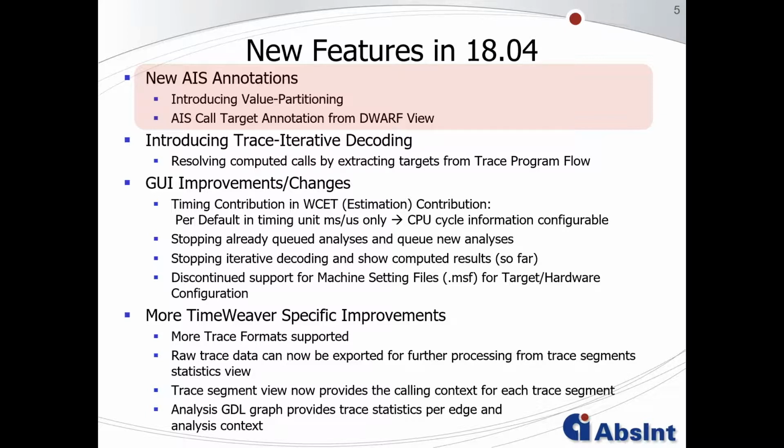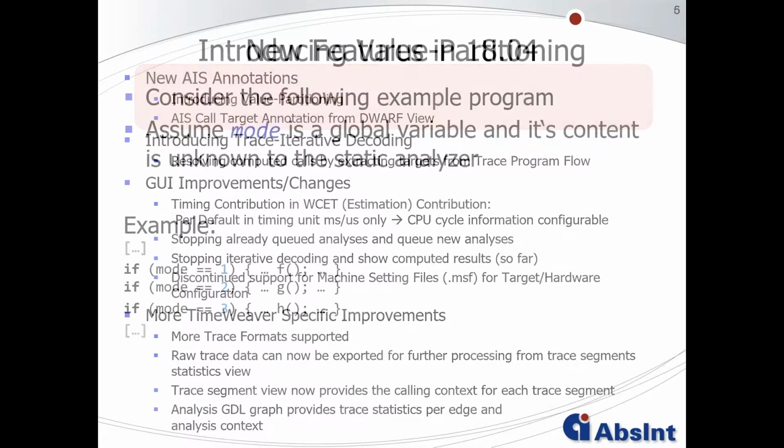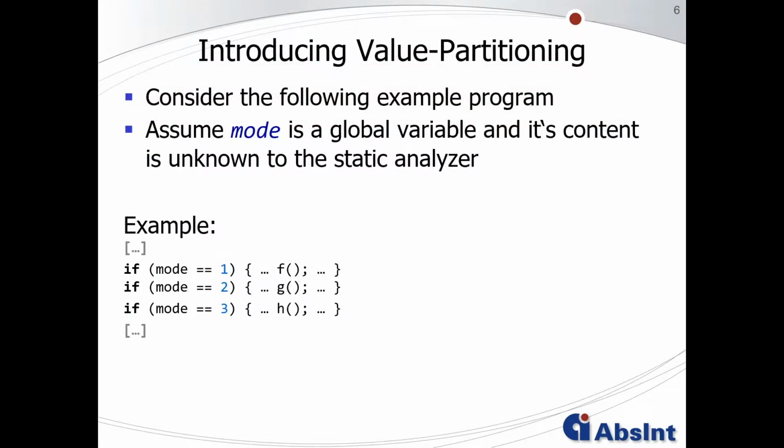And here I'd like to firstly introduce the value partitioning. So, to motivate the value partitioning, please consider the following small example program. Here I would like to assume that the mode variable, which is checked in these 3 consecutive if statements, is a global variable and that its content is unknown to the static analyzer.